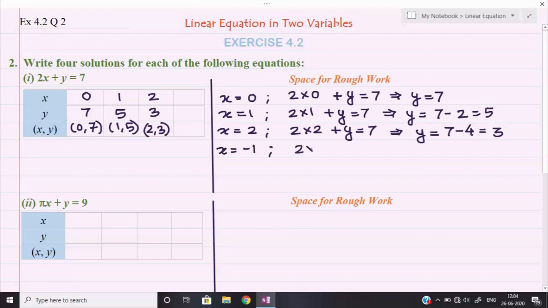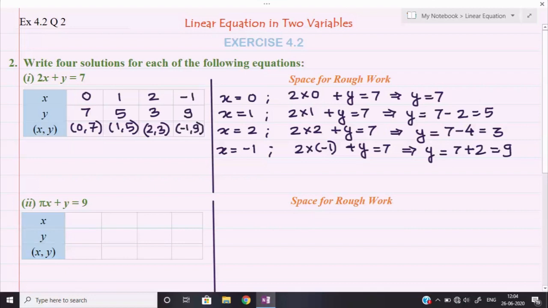So 2 into minus 1. See the variation, if I take a negative value, plus y is equal to 7. Now see what will happen. 2 into minus 1 is minus 2. Minus 2 goes to the other side, so the value of y will be 7 plus 2, so it will become 9. So at x equal to minus 1, the value of y I got is 9, and hence a solution will be (minus 1, 9).